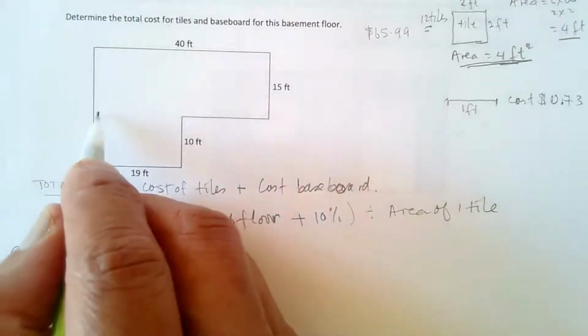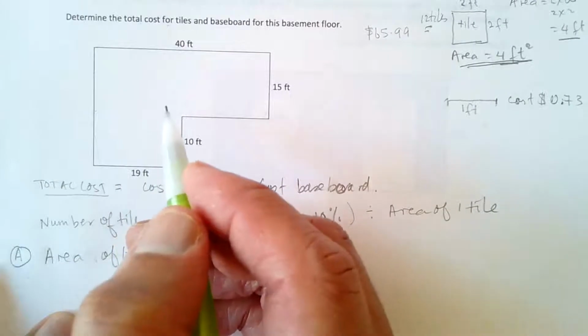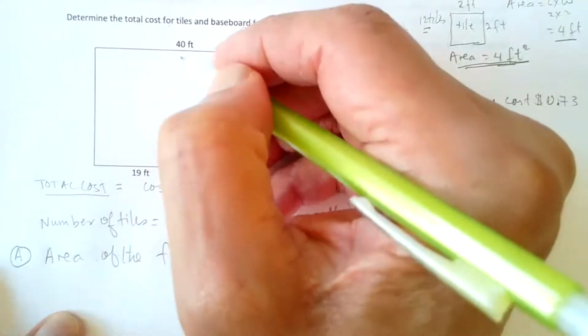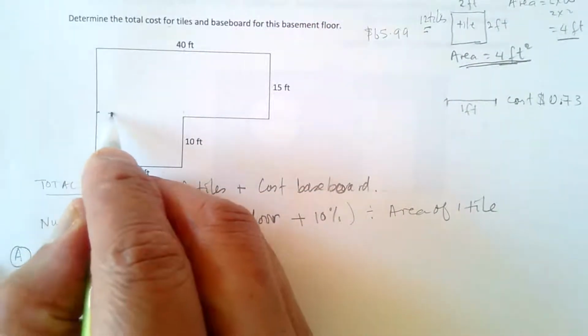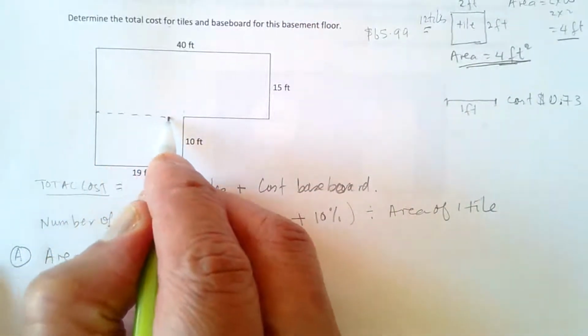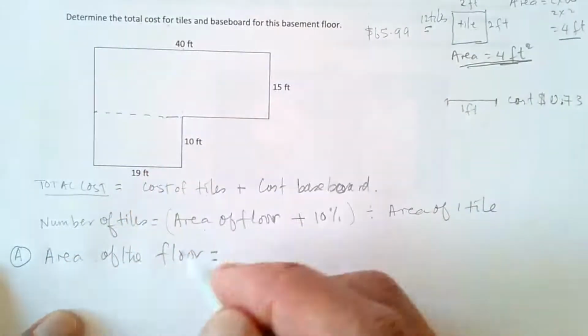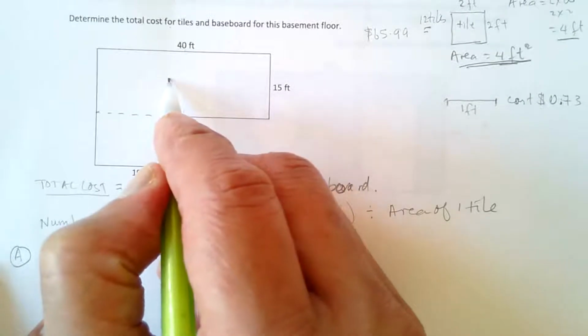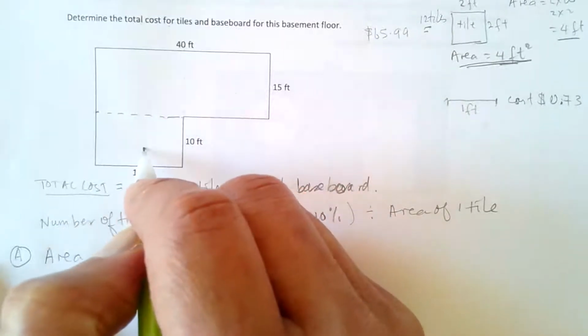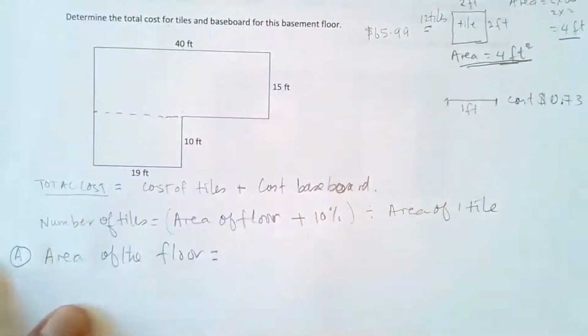So let's look at this part here. You can section this out by drawing a vertical line here or a horizontal line. So I'll take this path here. So the total area of the floor would be this section of the floor plus this other section. We don't have a dimension here.